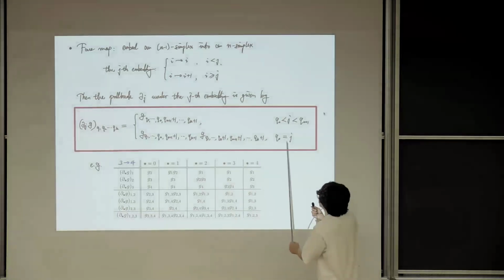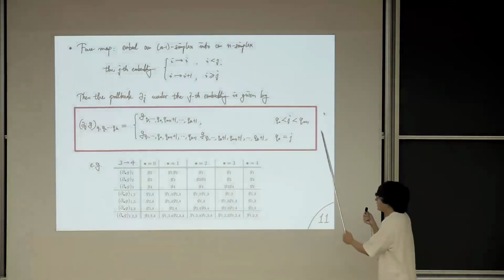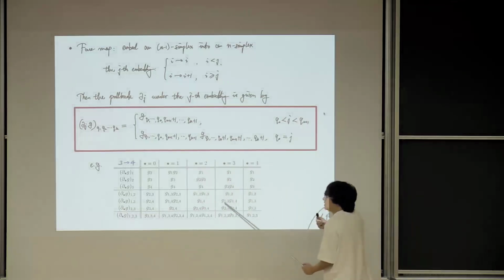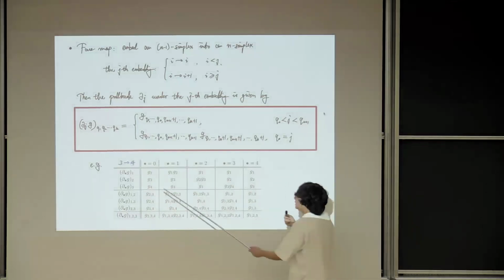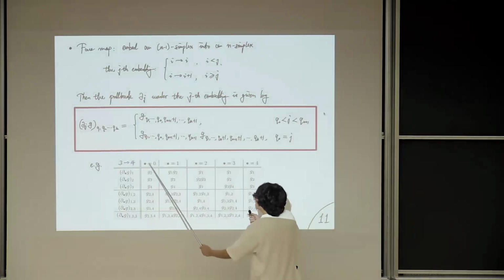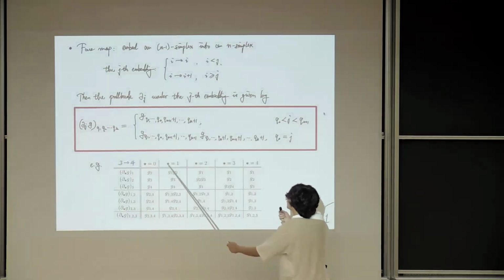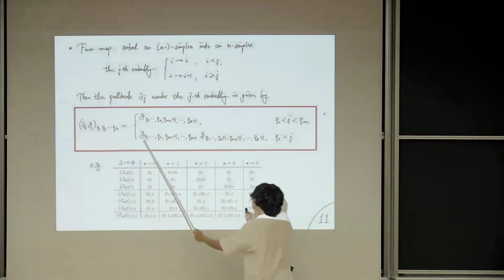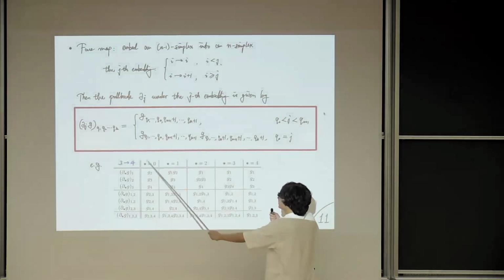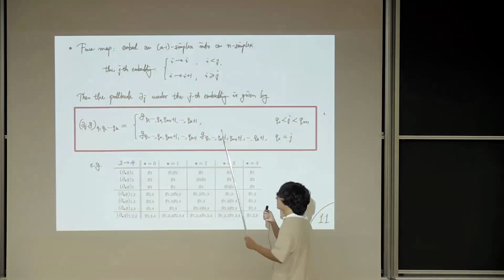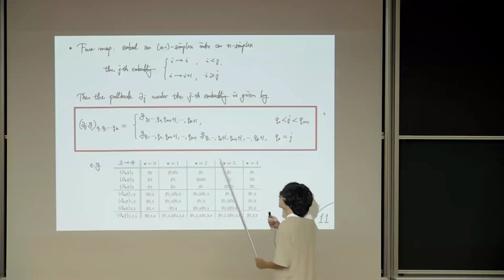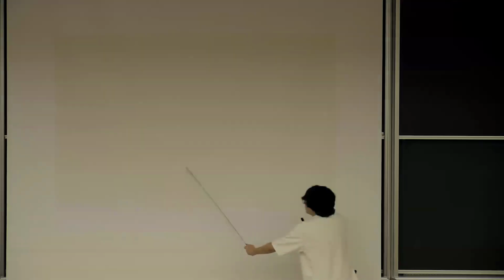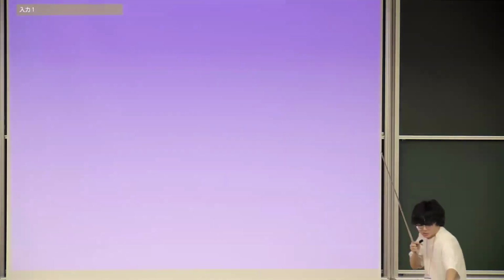Because this expression is quite complicated, I also give some examples. Let's consider the embedding from a 3 simplex to a 4 simplex, and this dot means the j of the j-th embedding. For example, if this dot equals 0, the embedding just omits the vertex 0 and maps to the vertices 1, 2, 3. Let's look at this table.